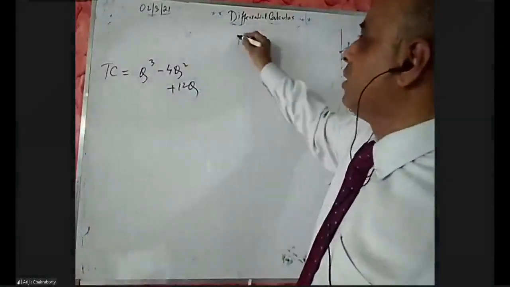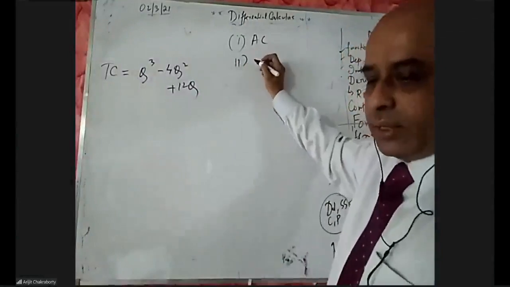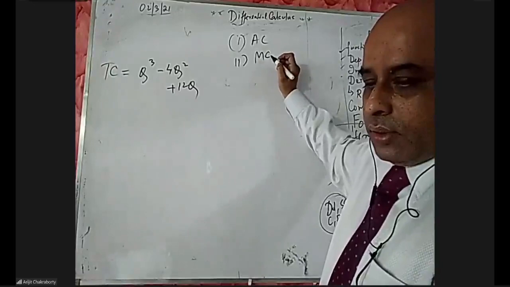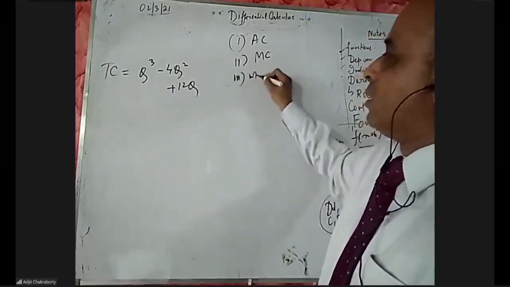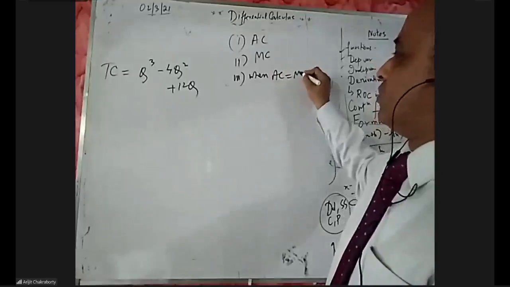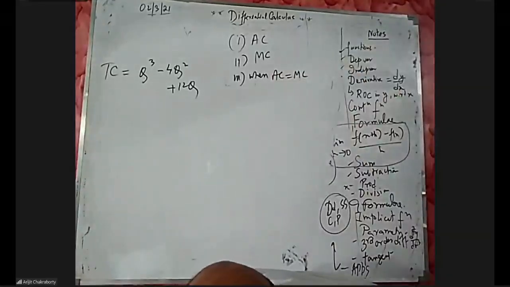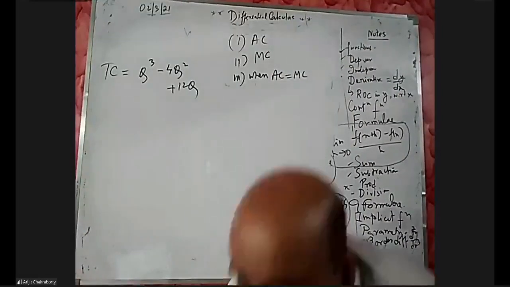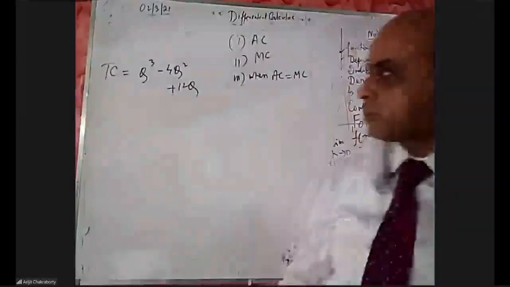Number 2, you have to find the marginal cost. And you also need to find at what value the average cost will be equal to marginal cost. So these are the three questions which you need to solve.